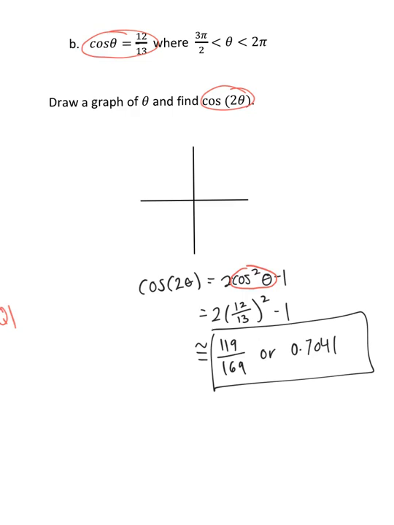And you don't have to draw a picture or worry about boundaries or anything like that. The double angle problems, you do not have to multiply the boundaries by 1/2 because the formulas do not have a plus or a minus sign in front of them. But the 1/2 angles, you do have to write a plus or a minus in front of them. So that's when you're multiplying the boundaries by 1/2.